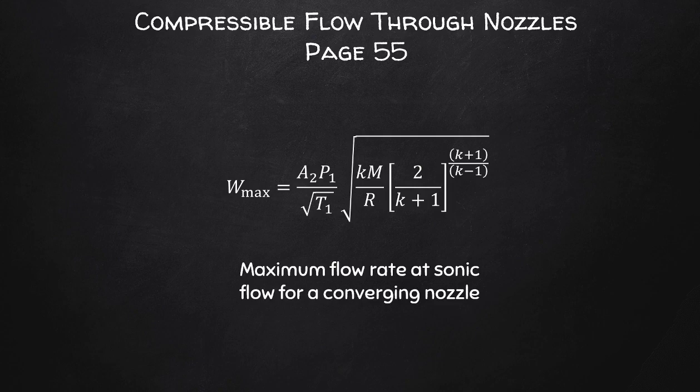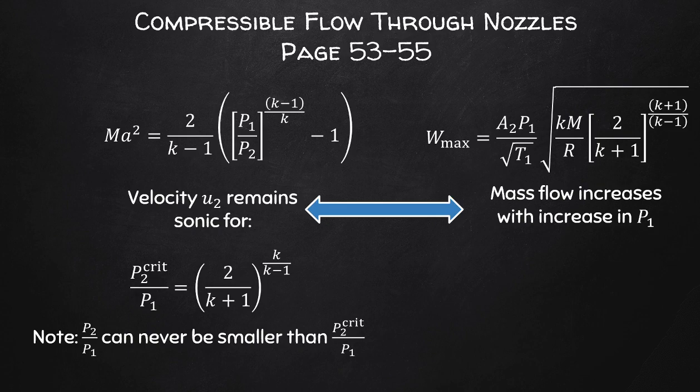Note that the terms on the right-hand side are only dependent on the properties of the gas in question. So by measuring temperature and pressure, for instance, the flow rate through the nozzle, W max, can be calculated. I would suggest reading over the section again to make sure that you fully understand the implications of these results.